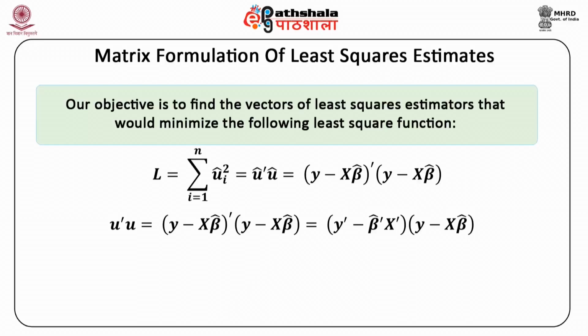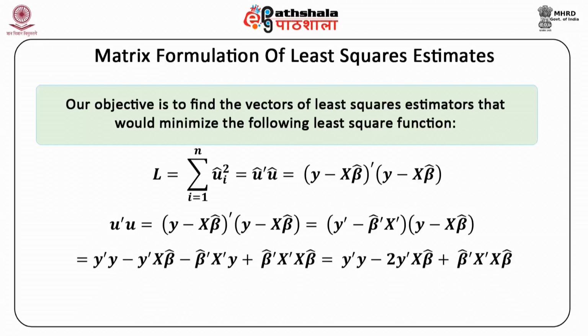So the terms which we obtain are y prime y minus y prime X beta hat minus beta hat prime into X prime y plus beta hat prime into X prime X beta hat. Now this is equal to y prime y minus 2 y prime X beta hat plus beta hat prime into X prime X beta hat.